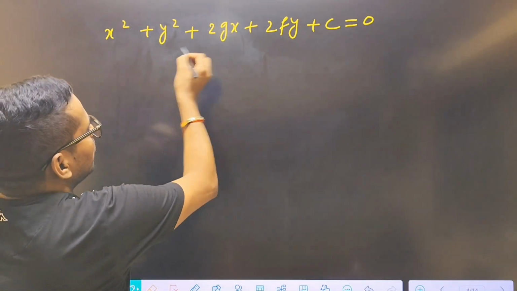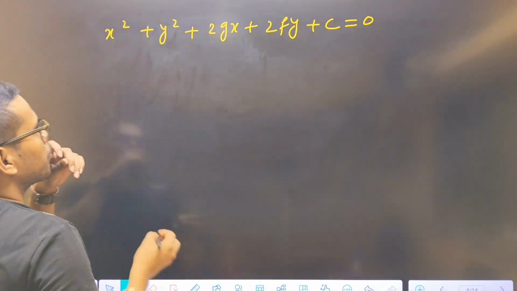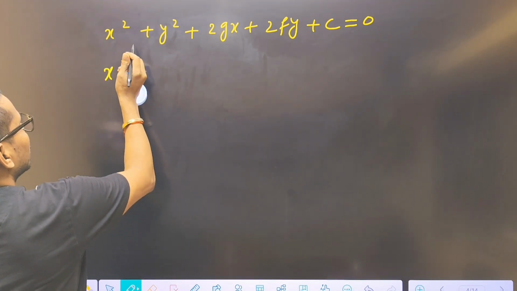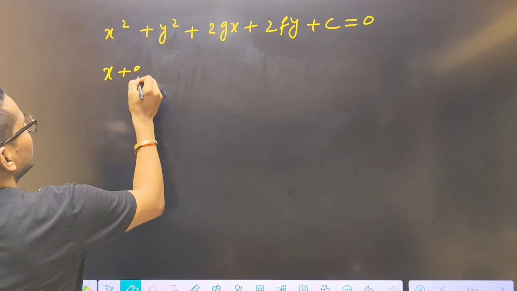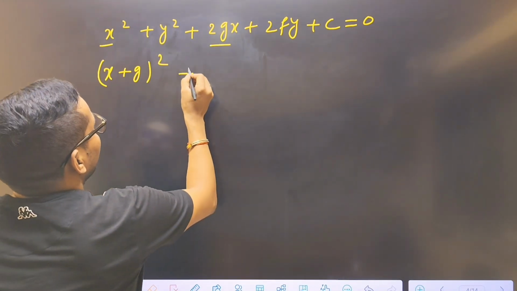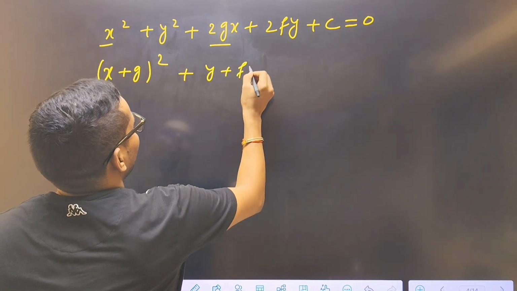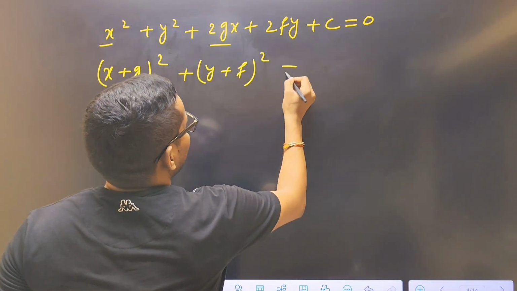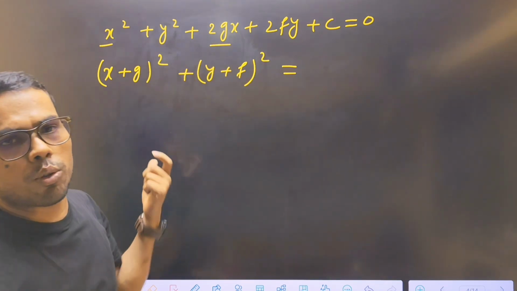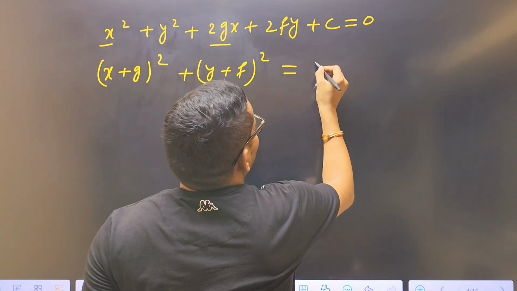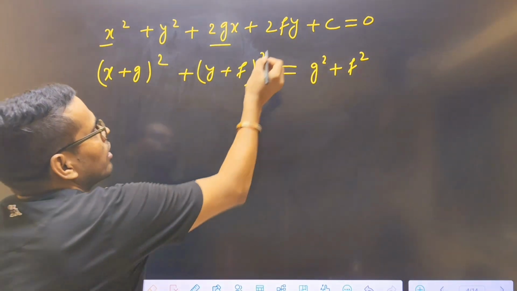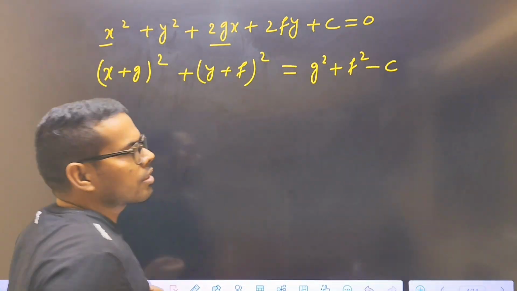Now, just try to make a perfect square. Making perfect squares, what can we write? x plus g whole square, by taking this and this, then y plus f whole square is equal to what? We have added extra g square and f square, so we have to add g square and f square on the RHS also, and c is like this, minus c.